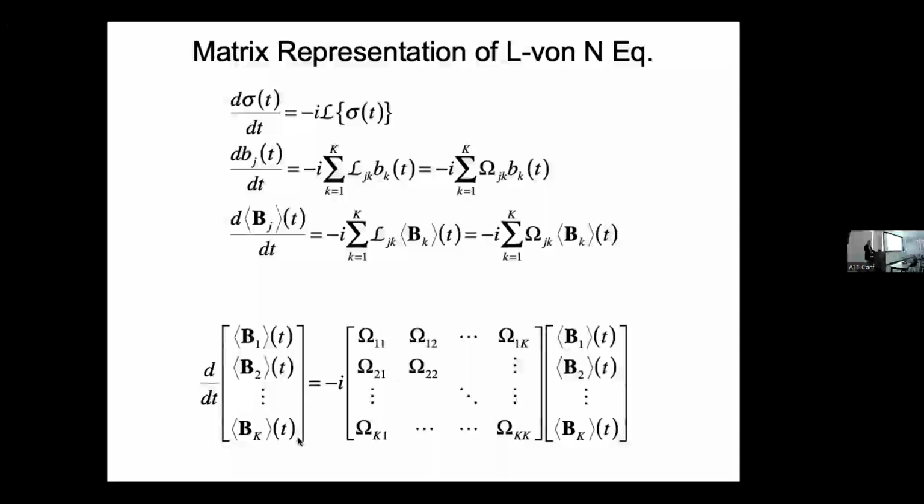Now, this could be a vector of 16 operators, and this matrix is going to have in it scalar couplings and chemical shifts. But structurally, it's exactly the same as the Bloch equation. It's a first order differential equation for a bunch of numbers that represent the expectation values of these operators.